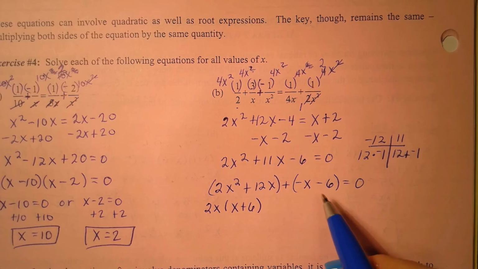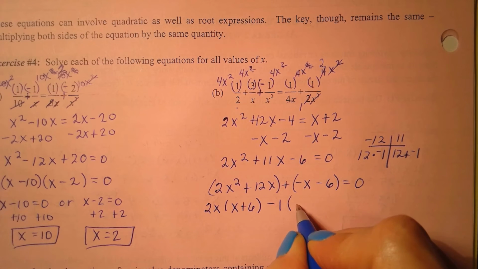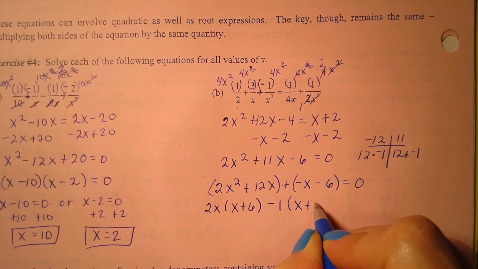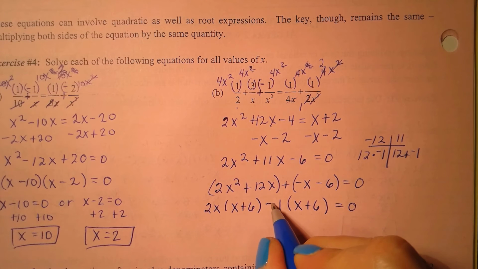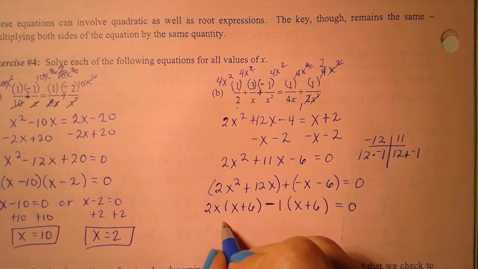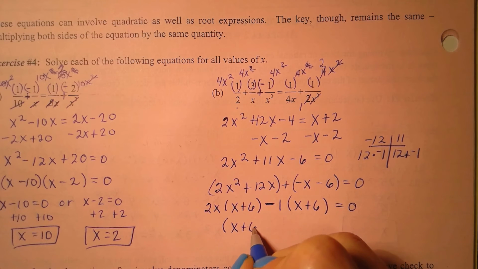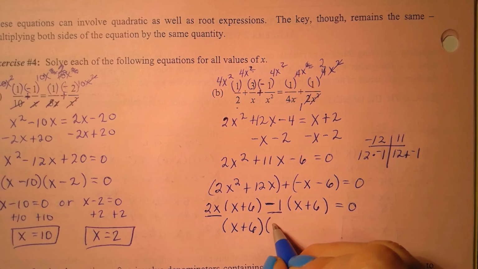In the second two terms, we want to factor out a negative 1, which gives us x plus 6. So notice we have subtraction, and we have two terms. We want to factor out an x plus 6 and multiply it by what's left over, which is 2x minus 1.